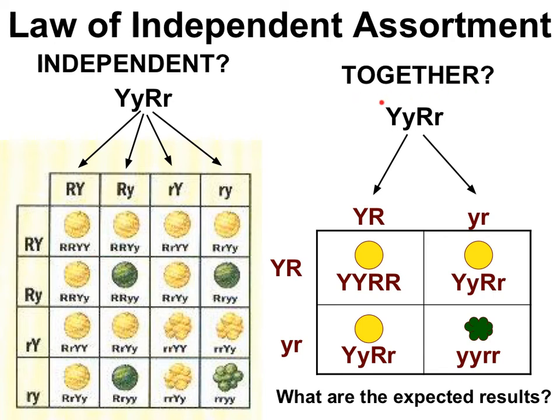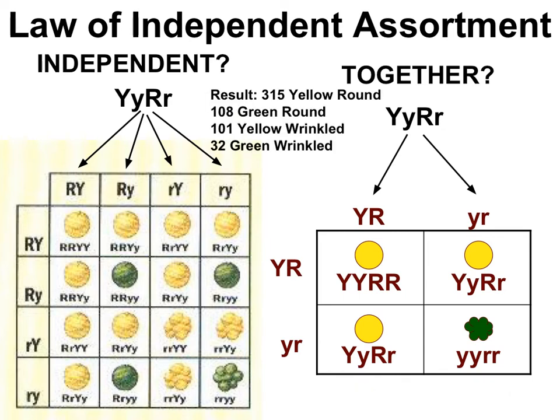If you count up the possibilities on the right, you see a ratio of 3 yellow round to 1 green wrinkled, 3 to 1. If we compare those expected results of those two models to what Mendel actually got, which is what's seen here, you can see that Mendel's data was pretty close to the 9 to 3 to 3 to 1 prediction of the Punnett Square on the left, with independent assortment. So this confirms that seed color and seed texture assort independently and don't influence one another.